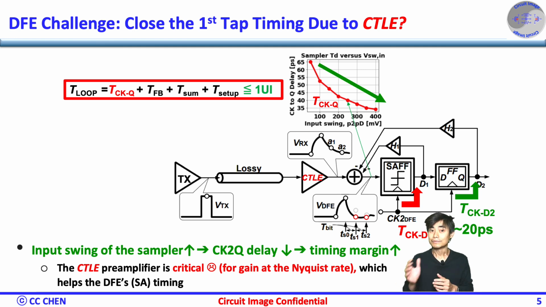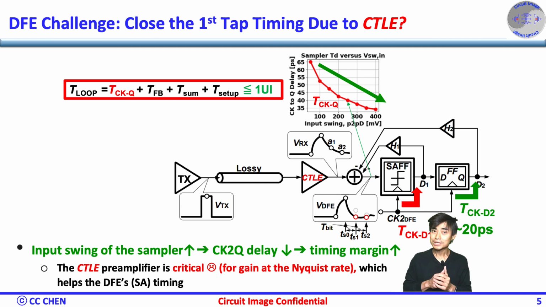Therefore, if you run a 30 dB channel loss along with a good CTLE compared to a 20 dB channel loss along with a bad CTLE, then the DFE's first step may meet the timing at the 30 dB loss compared to the 20 dB loss, which might not make sense, but it did confuse you.